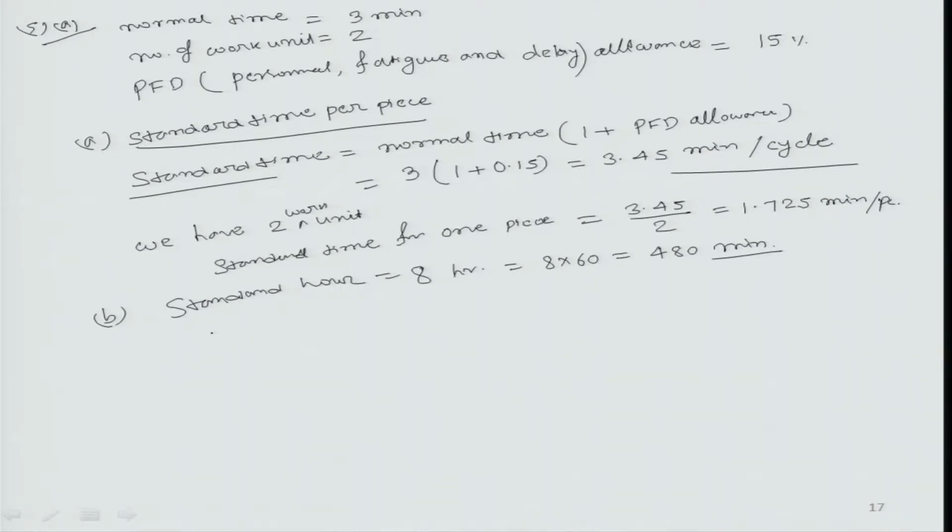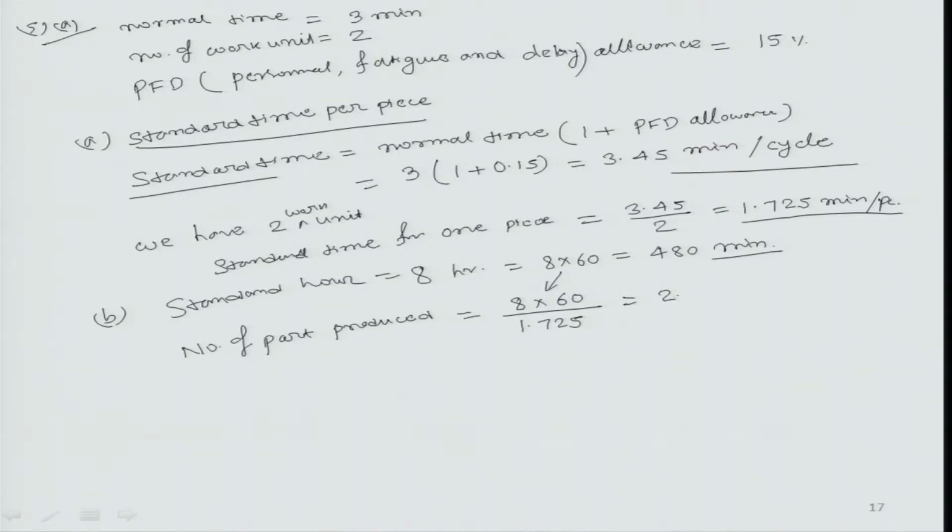Then the number of parts produced is 8 times 60 divided by the standard time per piece, 1.725.